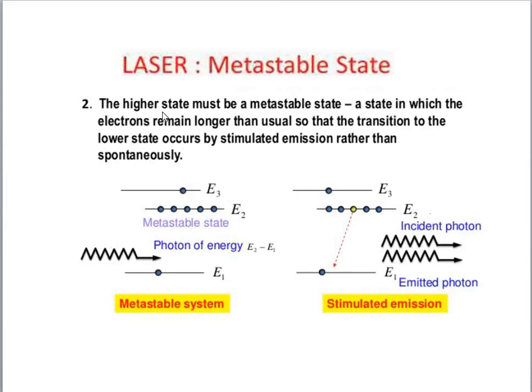So the higher state must be a metastable state, a state in which the electron remains longer than the usual time, so that the transition to the lower state occurs by stimulated emission rather than spontaneous emission. If the time period in the excited state is very small, it cannot undergo stimulated emission.